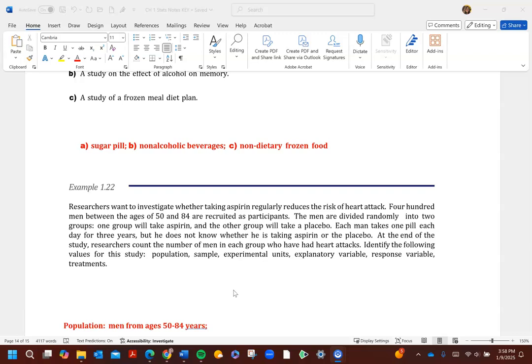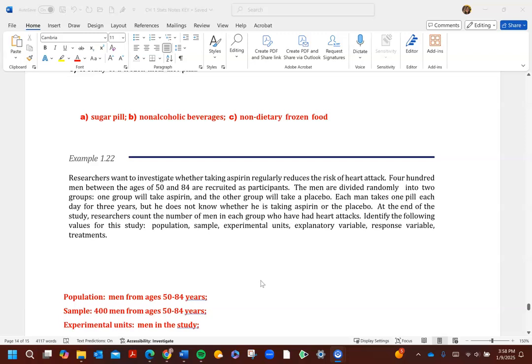So the population, we have to look up here that it's men between the ages of 50 and 84. And of course, we're not going to get all of them, so I'm just doing a sample of 400. And we're told here that 400 are chosen, so that's the sample.